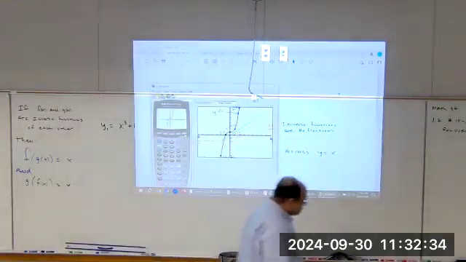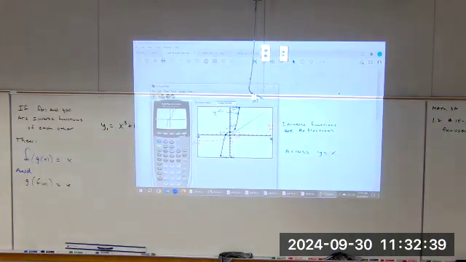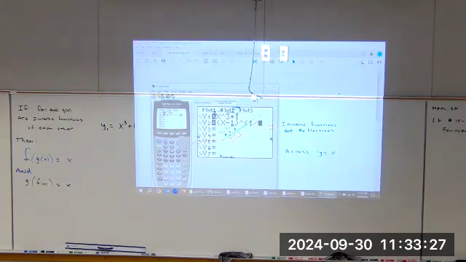Let me put it in the inverse function. Here's the original function. And here comes the inverse.